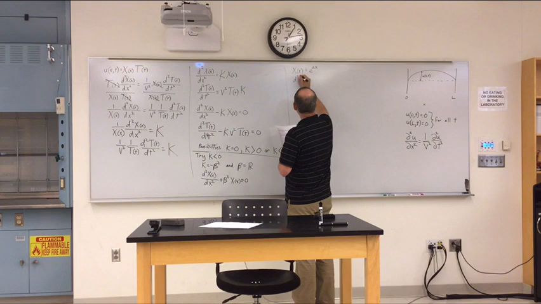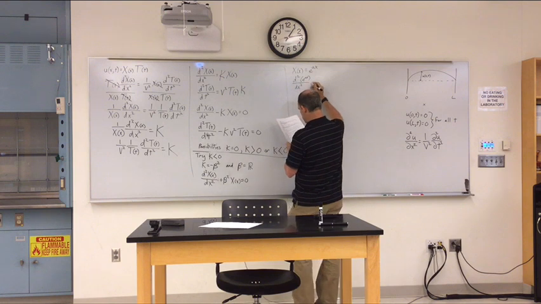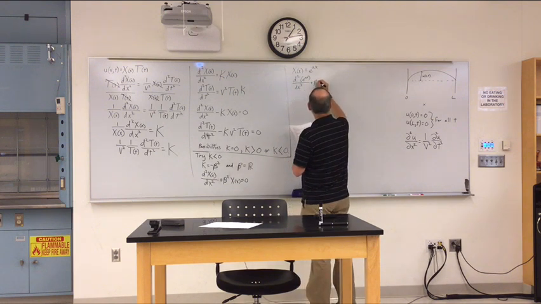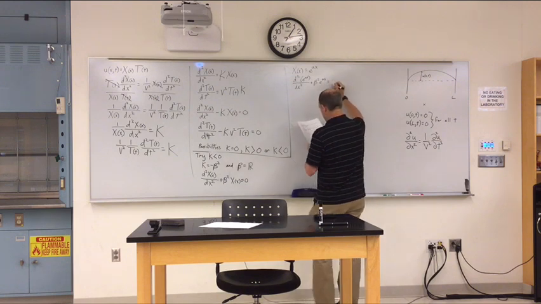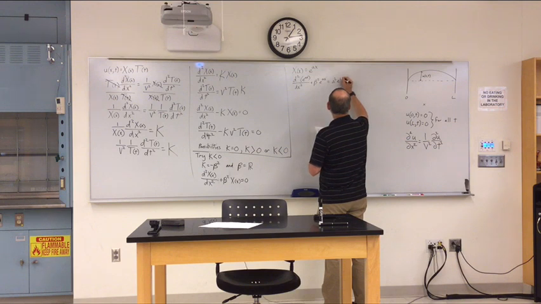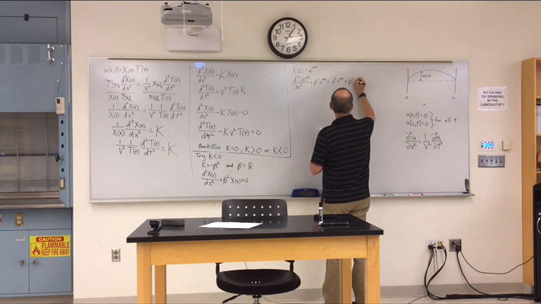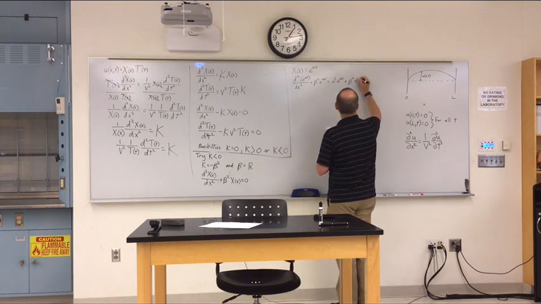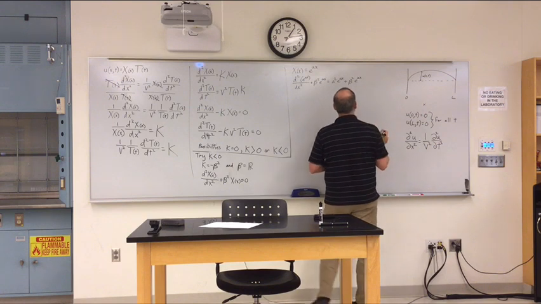Okay, so d squared of e to the ax over dx squared plus beta squared e to the ax would be, for the same reason as before, a squared e to the ax, this time plus beta squared e to the ax.